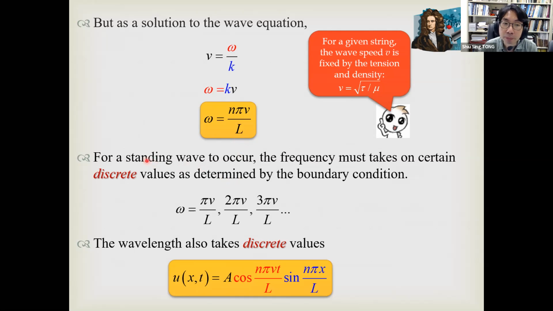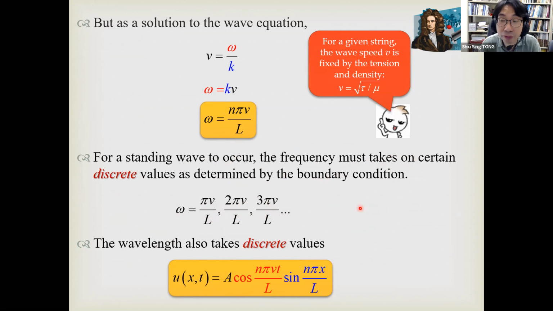So for a standing wave to occur on a string which is fixed at both ends, the frequency must take on certain discrete values. Only certain frequencies of waves can exist as a standing wave on the string, and these frequencies are given by the following: pi v over L for n equal to 1, 2 pi v over L for n equal to 2, and n equal to 3, and so on.